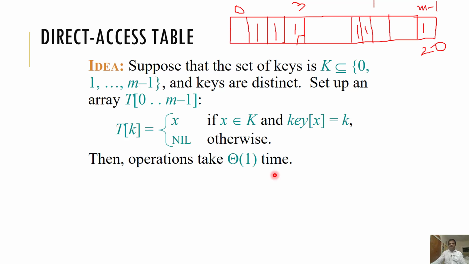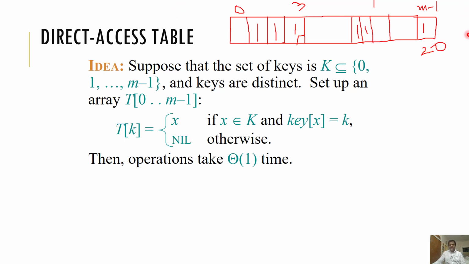Now, the problem is, so very nice data structure, 0 1 bit representation, this is also called bit vector. The direct access table is also called a bit vector. Now, what is the problem with this? Although this is a very nice data structure, the problem is this. Suppose the key value of a record is huge, say 2020.